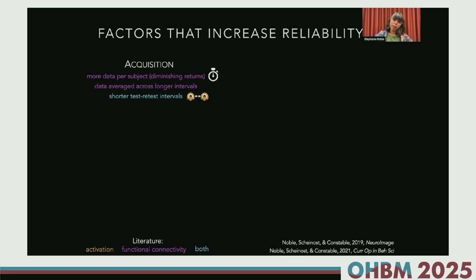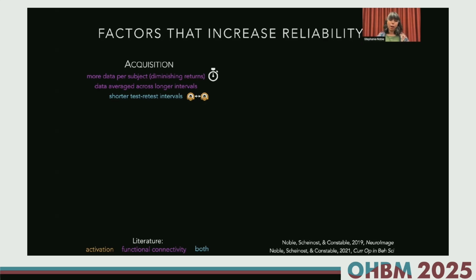So first off, we know that a number of different acquisition factors can impact reliability. We especially know that more data per subject can improve test-retest reliability, although there are diminishing returns with more and more data. We also find that if you average data across longer intervals, let's say a month apart, that average measure tends to be more similar to other average measures within a couple of months.